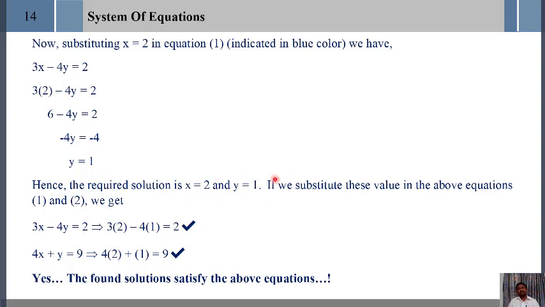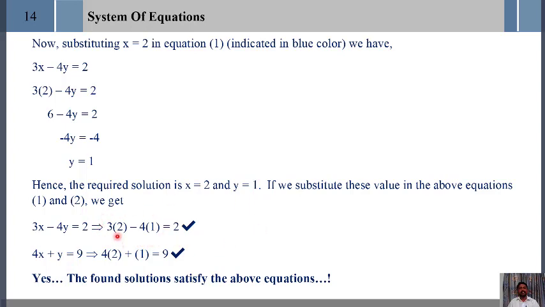This is the final solution for the given two linear equations. Now to check whether this solution is correct, simply substitute x equal to 2 and y equal to 1 in the given two equations. Then it will satisfy the right hand side value.